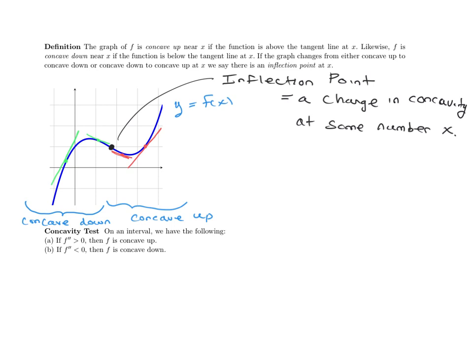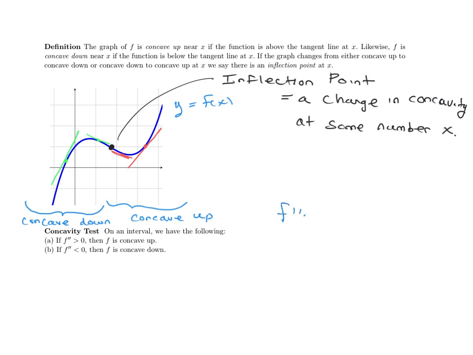Now the question is, without looking at the graph of the function, how could you use a first or second derivative to figure out when this occurs? And here I have a concavity test. On an interval, we have the following. If your second derivative is positive, that means your graph is going to be concave up. So this portion of the graph is equivalent to saying, okay, concave up, positive second derivative.